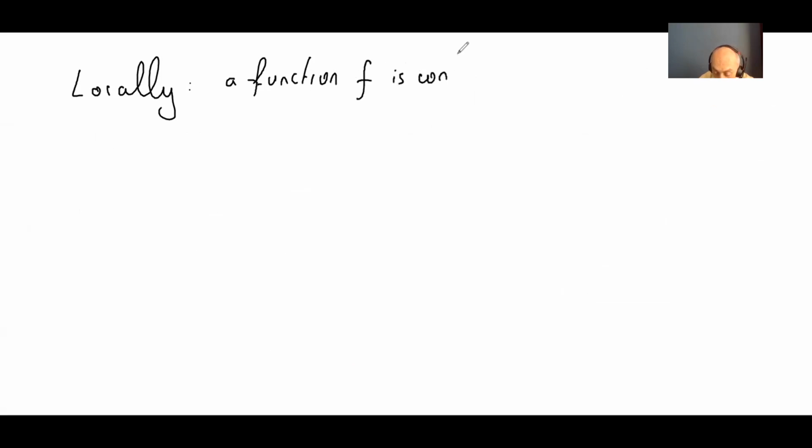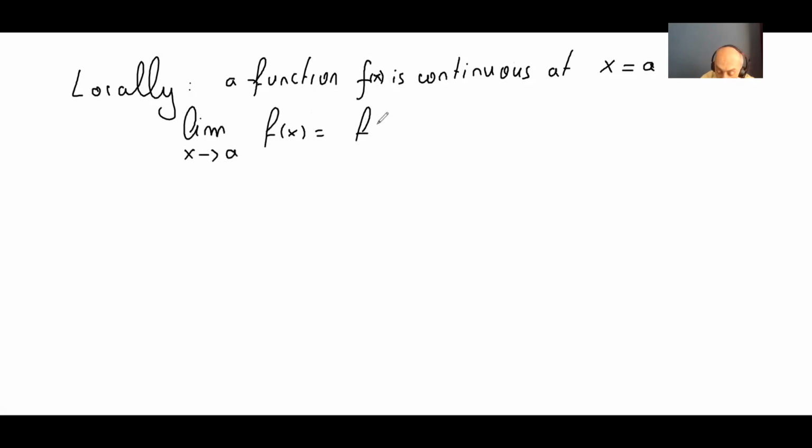So locally, we say that a function f, my pen isn't working very well, a function f of x is continuous at x equals a if the limit as x approaches a of f of x is equal to f of a.